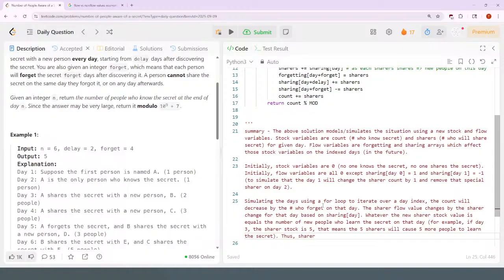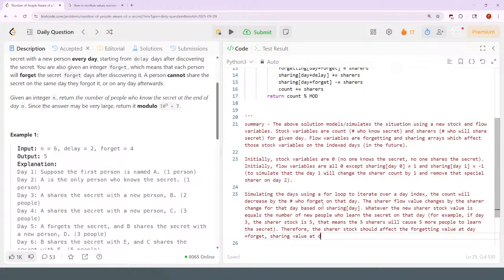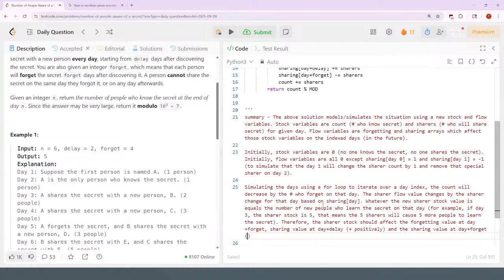Therefore the share stock should affect the forgetting value at day plus forget, the sharing value at day plus delay, which is going to be an increase positively, and the sharing value at day plus forget, which is going to be a decrease negatively.